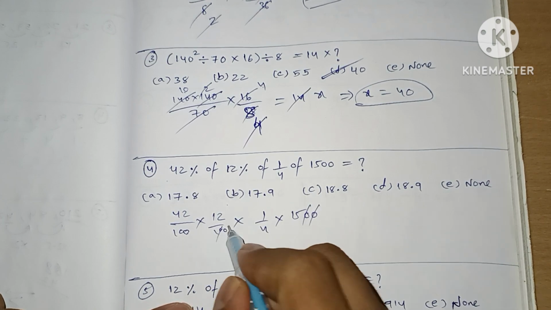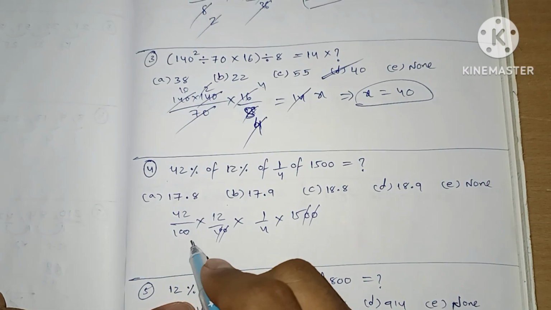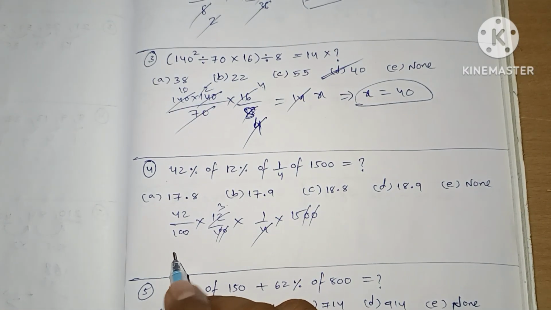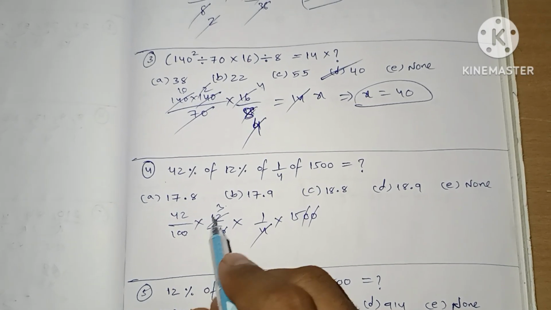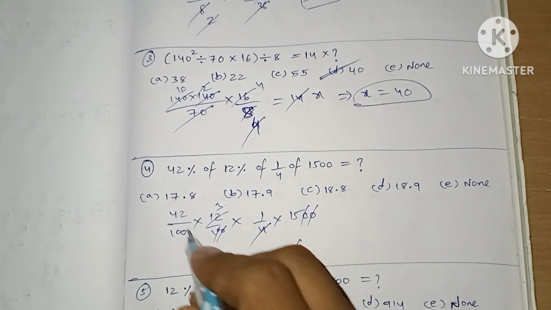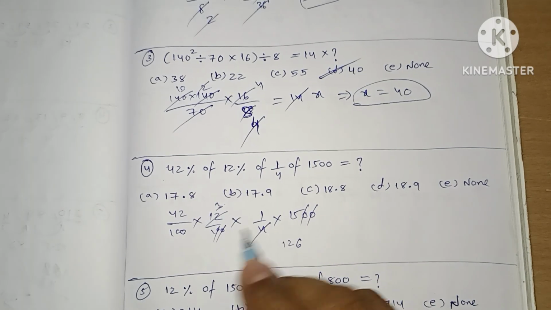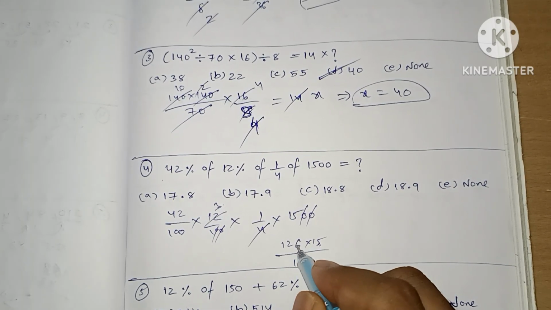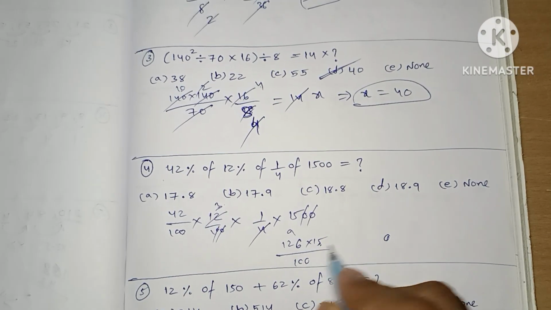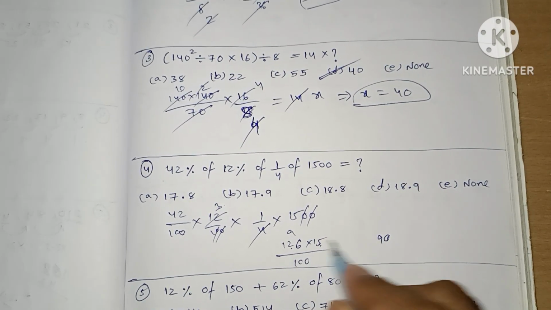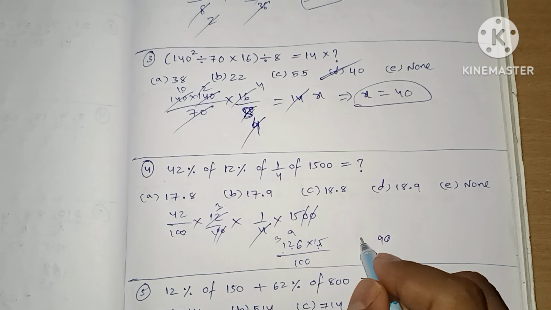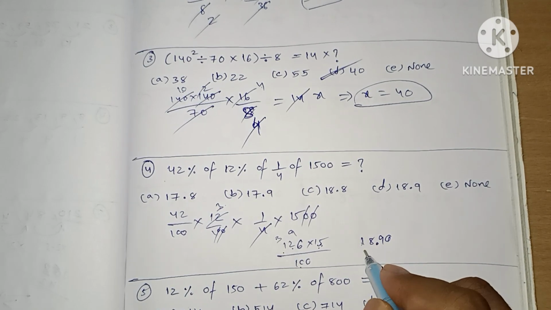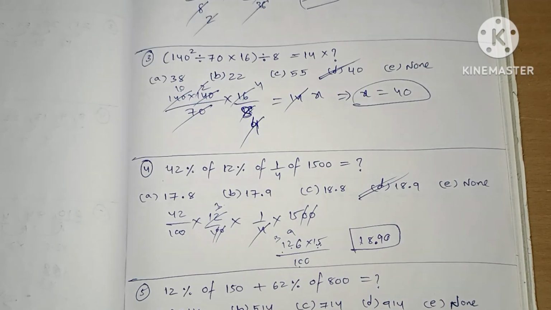So these double zeros and these double zeros cancel. 4 3 times, 3 2 times is 6, 3 4 times is 12. 126 into 15. 15 6 times is 90. 15 2 times 30, 39. 15 1 times is 15 plus 3, 18. 1890 divided by 100 means 18.9 is our answer. Option D is our answer.